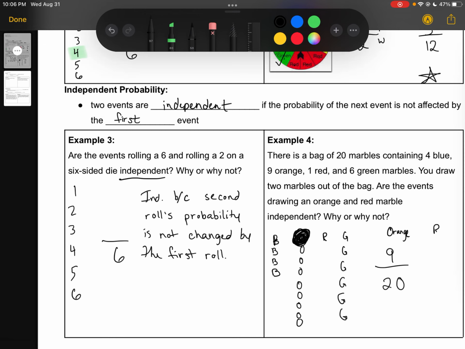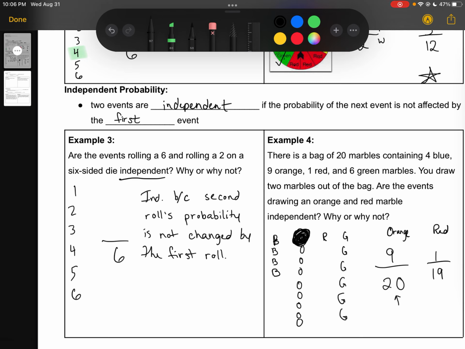The issue now, if I'm looking at my red marble, is that in my bag of marbles that I've already taken an orange marble out of, my sample space is no longer 20. It goes down to 19. Because I've taken one out of the bag, I've changed the whole, and because I've changed the whole, I've changed the probability of drawing a red marble.